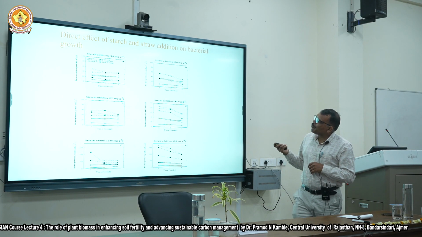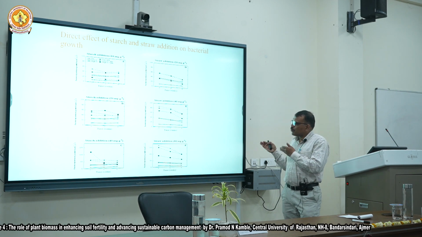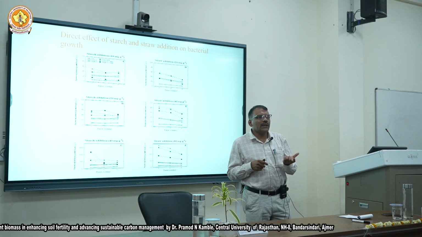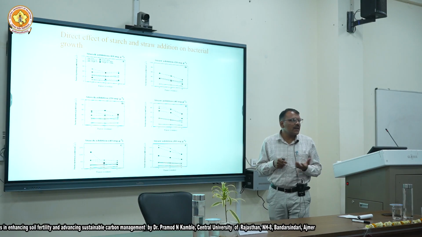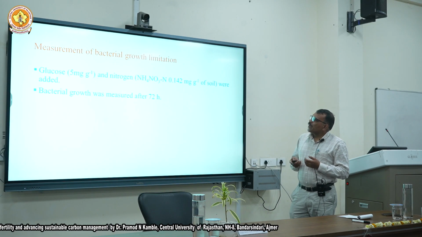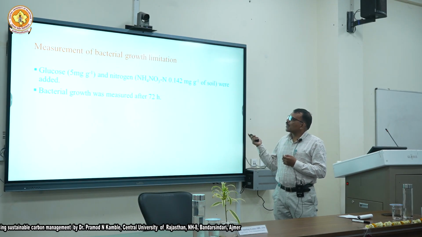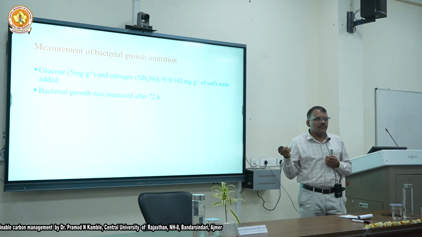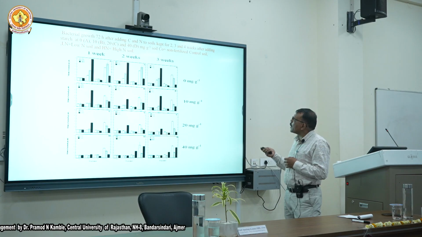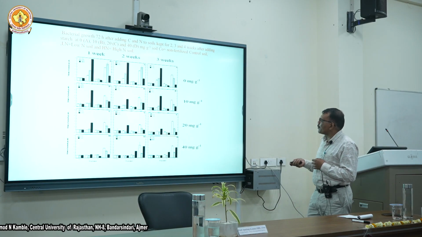So, the direct effect of starch and straw addition on bacterial growth: in every soil, straw and starch showed higher growth compared to the control after their addition. We already optimized the concentration, and you can look at this figure.